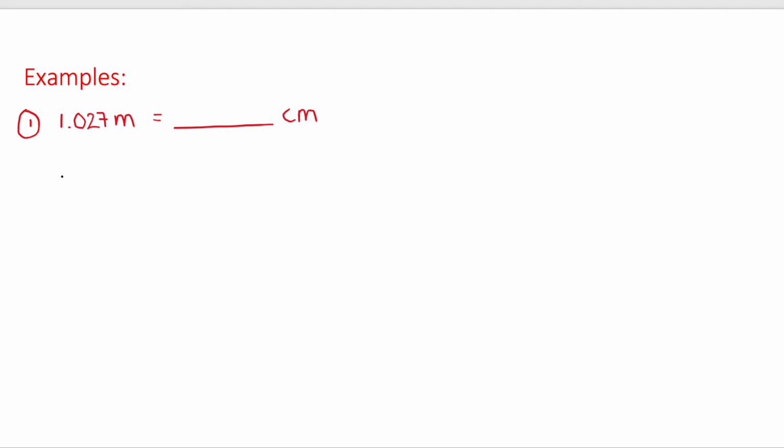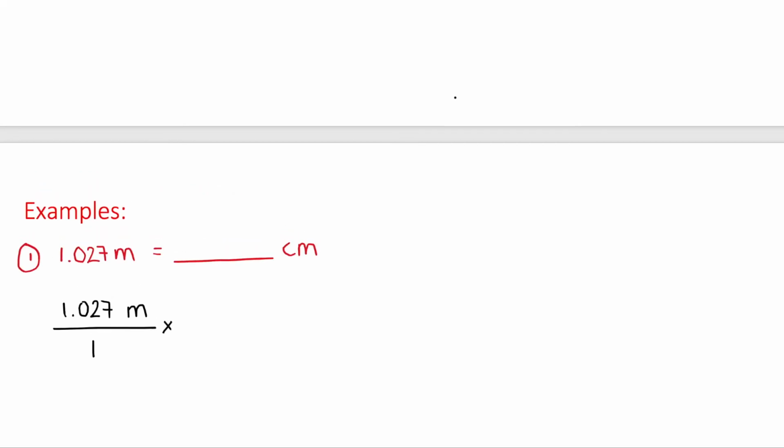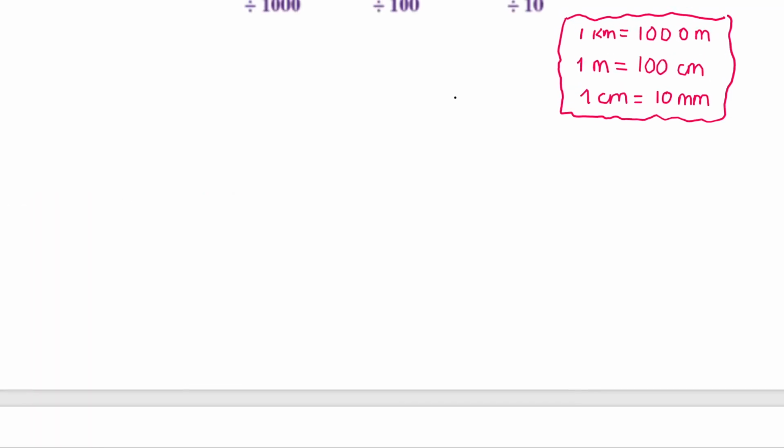I convert this first one into a fraction. So I just say 1.27 meters over 1. That's all. And then I'm going to multiply by an equivalent of the things that I had in here, but a fraction that is equal to 1.